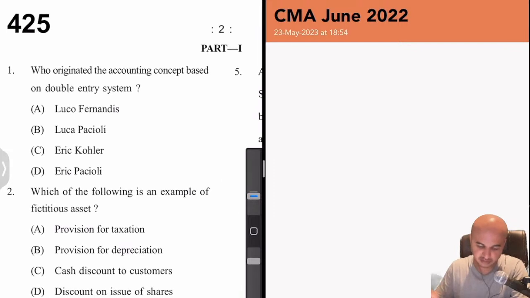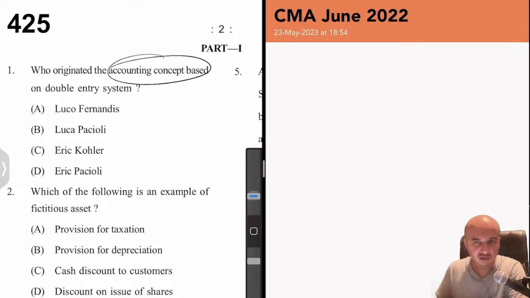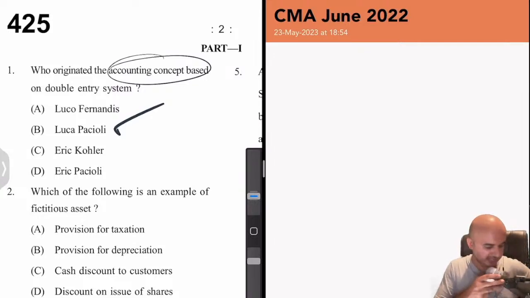Anyway, let us straight away jump into the questions now. This is the first question, which is a very easy, obvious question. The question relates to the origin of the accounting concept based on the double entry system. This was obviously Luca Pacioli. He was an Italian monk or mathematician, depending on which textbook you read, who found out this double entry system. Double entry system means what? Wherein we say the total of debits will be equal to the total of credits.